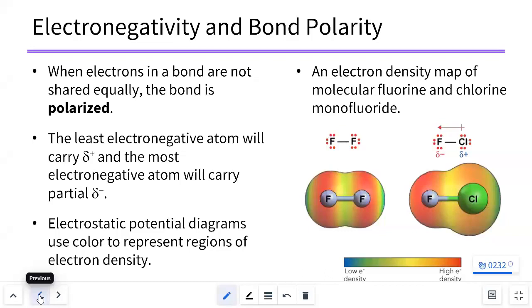And the yellows and oranges in between are, well, you guessed it, in between. So for fluorine, F2, we see very even distribution. Yes, there are some red zones or oranger zones, but they're diffuse. We've got one on each side.